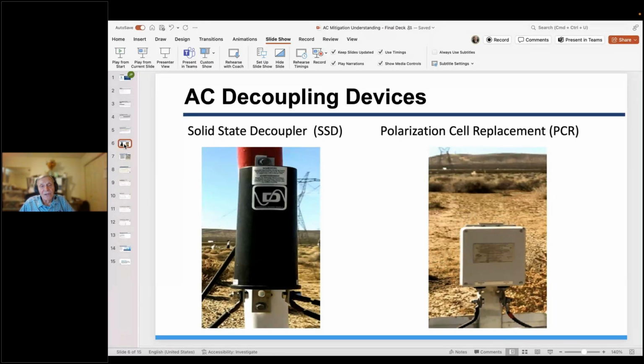Okay. And what I'm showing is these decoupling devices. There's a lot more than this. I'm just showing the two major ones. And like I say, they're good for about 45 amps of AC. So think about that. You'll have to get the specs for the faults.